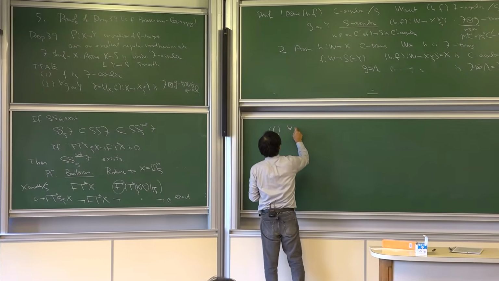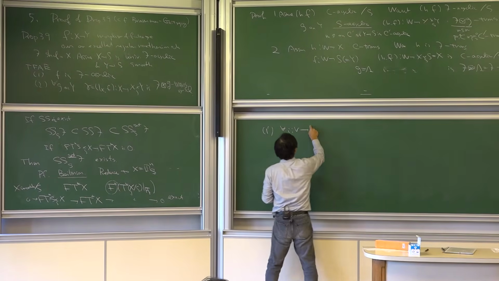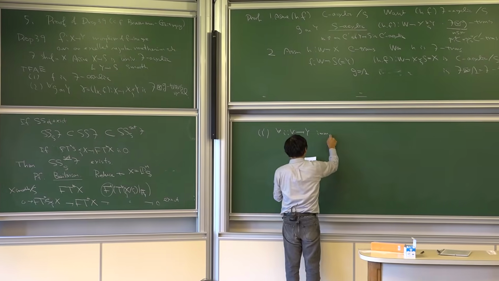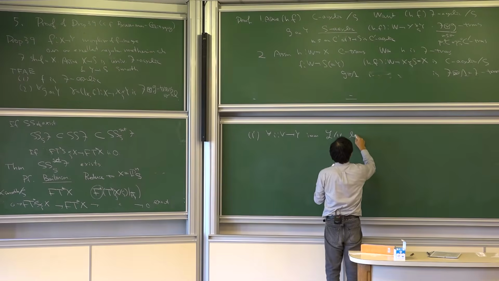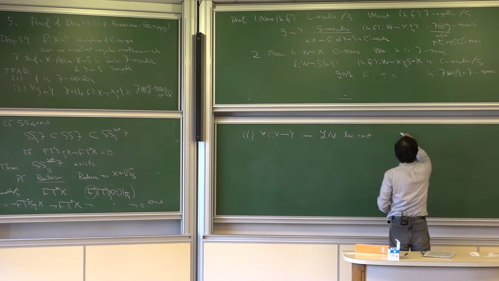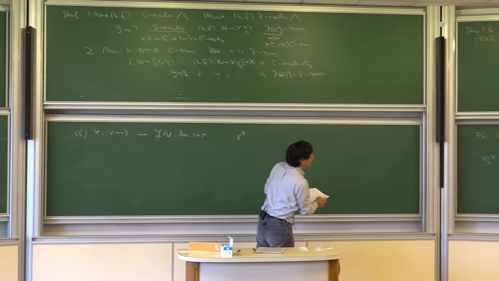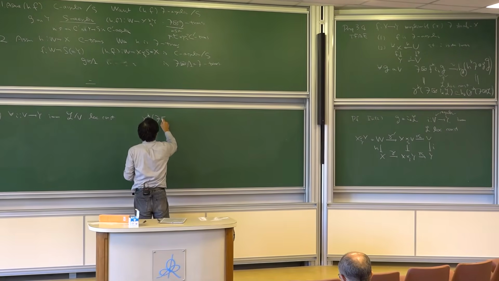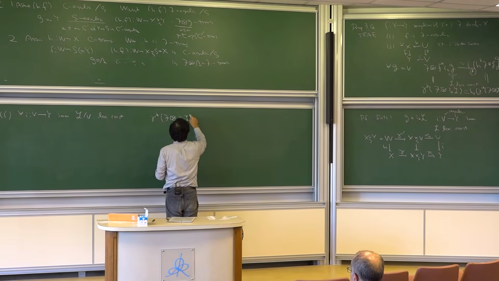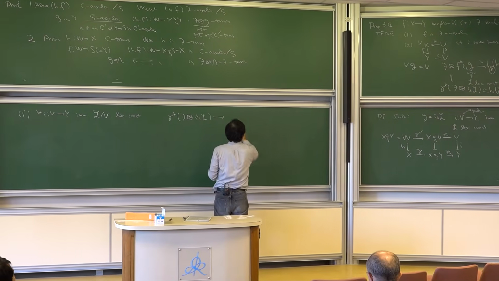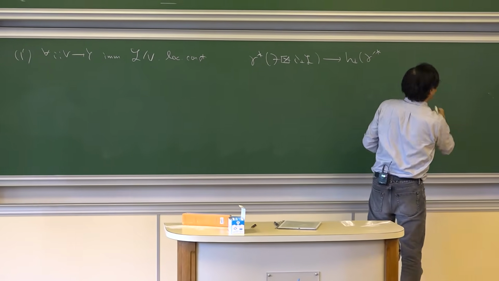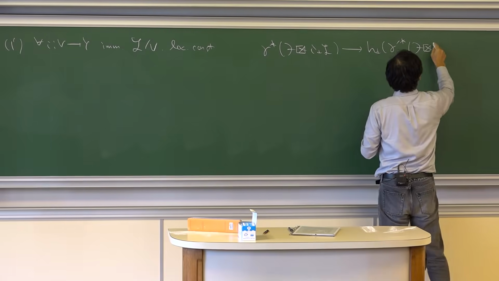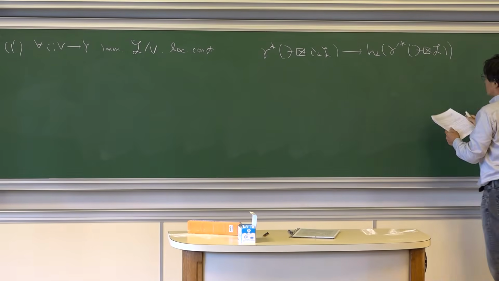For every immersion and L on V locally constant, the map gamma star going to h star gamma prime star is an isomorphism.